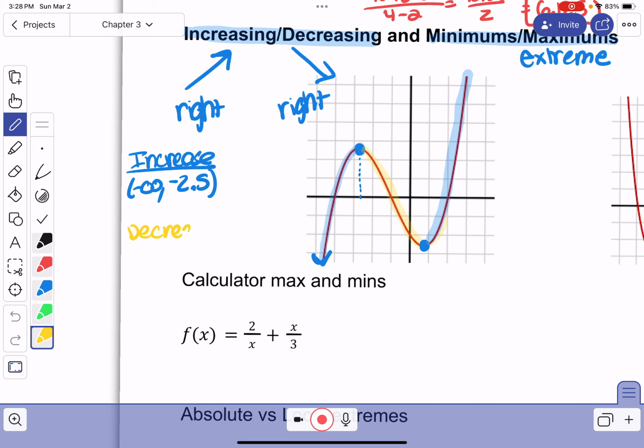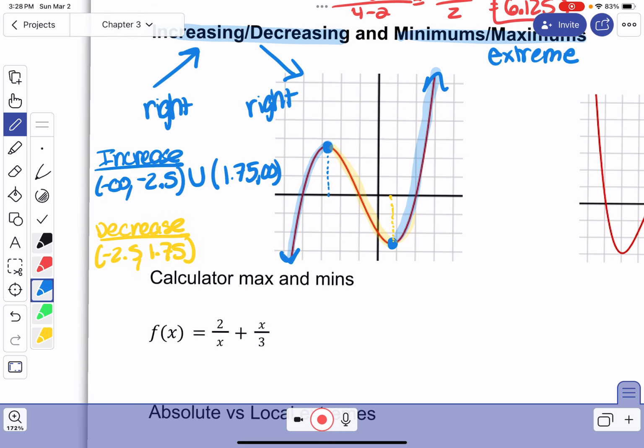Then we decrease from negative 2.5 to this one, which the x value is 1.75. Then we increase again. So we're going to use the union symbol, like we talked about in section 3.2. And then it's going to increase from 1.75 to infinity. So that's one way to show that increasing and decreasing.